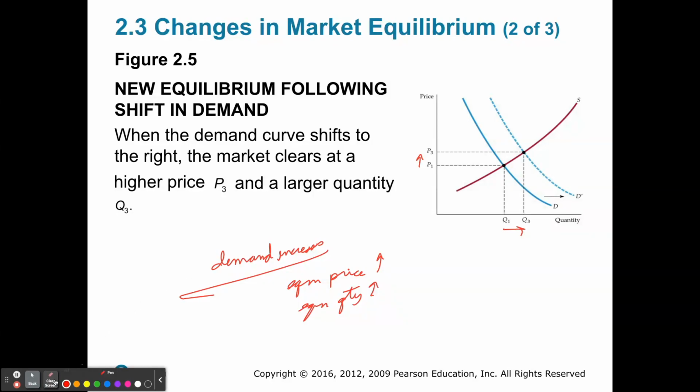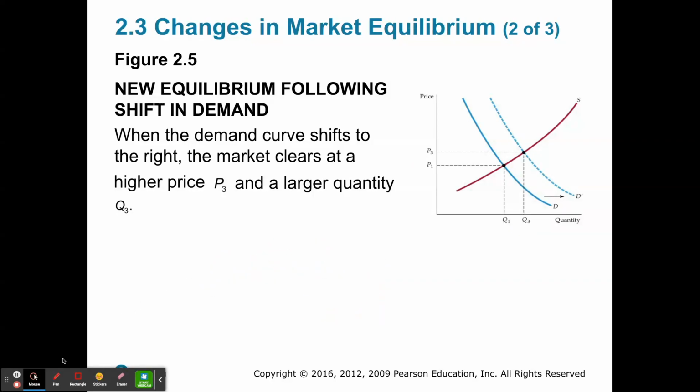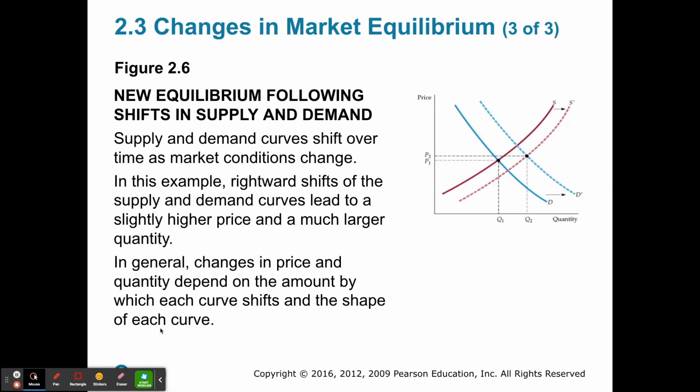Okay. And we could imagine that both of those events happen at the same time. And if they do, then we shift the relevant curves and we can see the change in the price here.